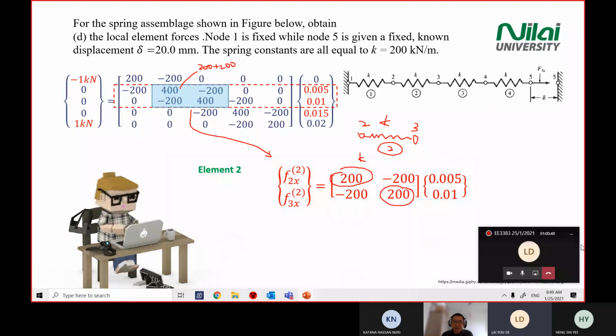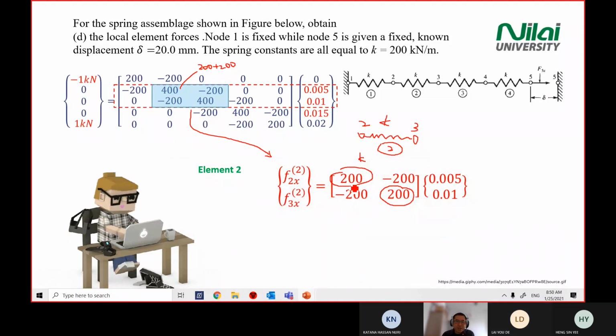Singi, are you able to explain why we use 200 here and not 400? I'm a bit confused. Okay. Singi, do you understand why we get 400 here? Yes.